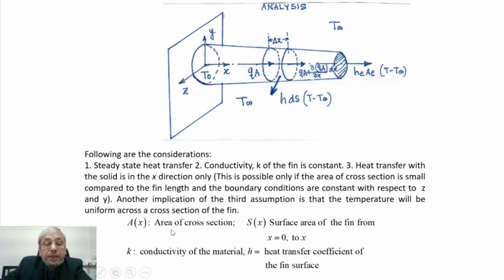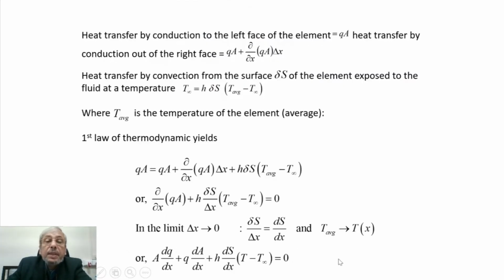It may be a function of x, the cross section may vary. Sx is the surface area of the fin from x equal to 0 to any given x. k is the conductivity of the material and h is the heat transfer coefficient of the fin surface.